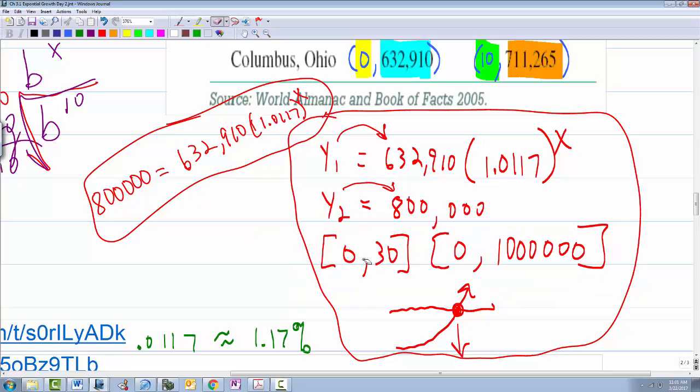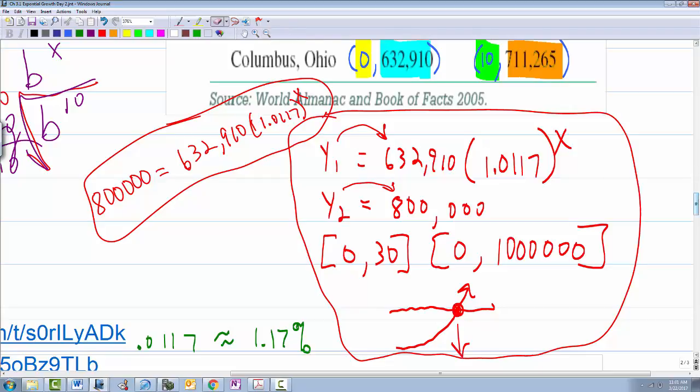It might happen within 20 years, so I bet you 0 to 20 would have been fine for X. And then this really only has to be 800,000, but I want to go beyond that just to see the graph totally. So I want the window to incorporate everything and see that intersection. And then what am I asking for? The X or the Y value? The X. It's the number of years. And I don't know what it says. I forgot what it was, but blah, blah, blah.